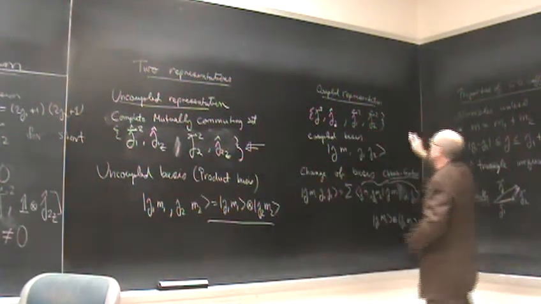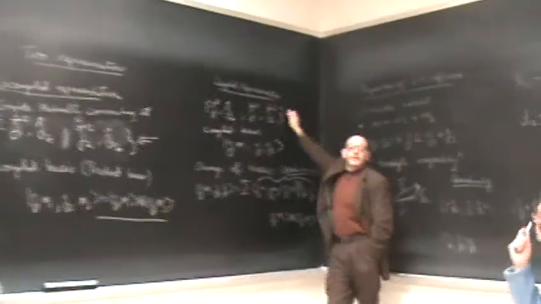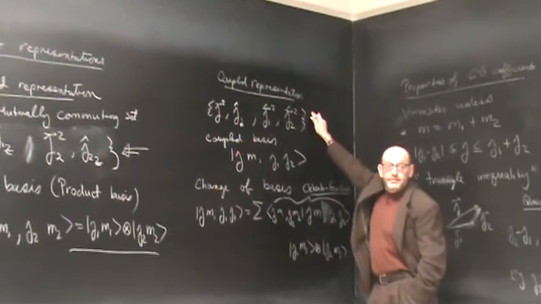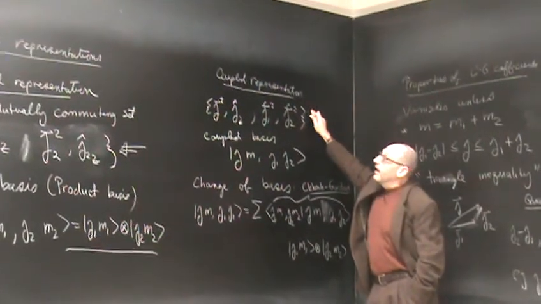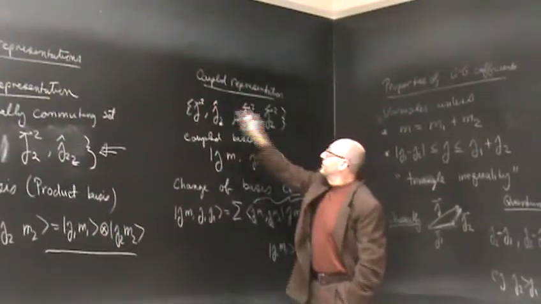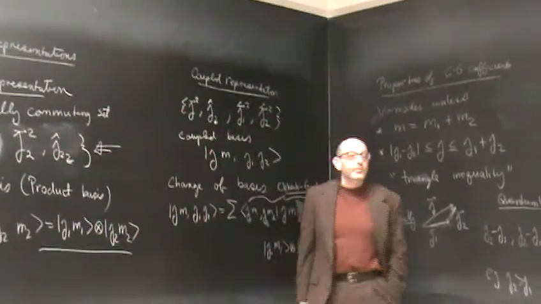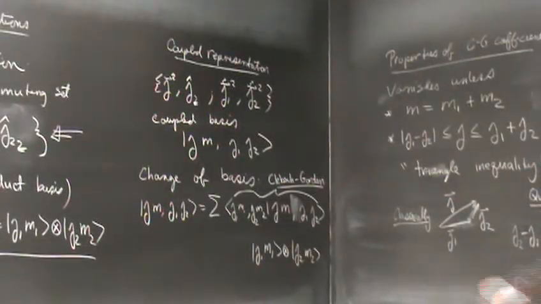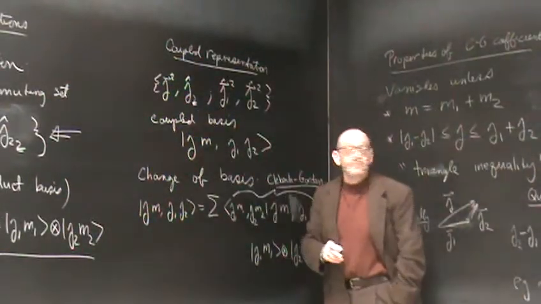Alternatively, this is a set of mutually commuting operators that uniquely specify the state. These guys commute, and this commutes with this, and this commutes with this, and these guys commute with the total JZ. Okay?